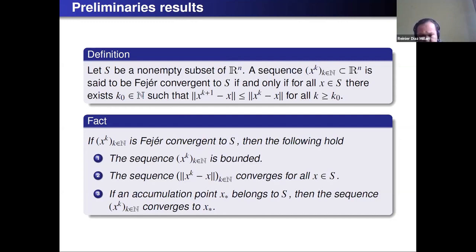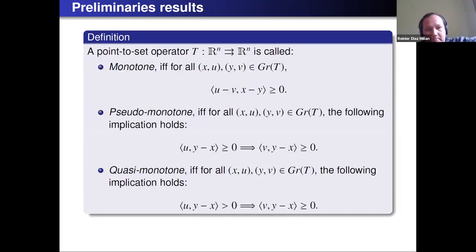If the sequence contains only one cluster point, then the whole sequence will be convergent to this point. In infinite dimensional spaces, we need a little bit more: we need that all the cluster points belong to S. But in finite dimension, that is our case, it is enough that only one point belongs to S, okay?